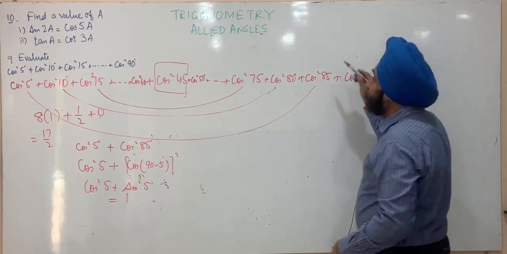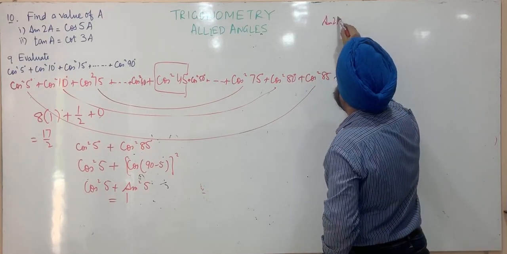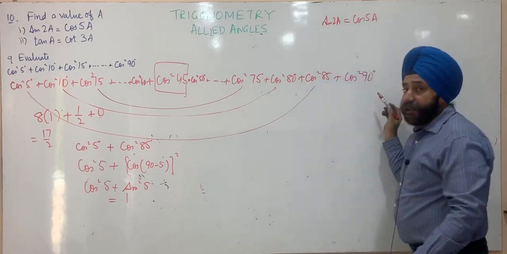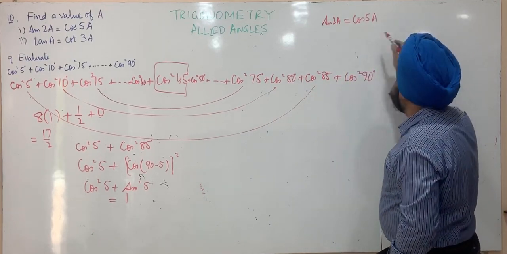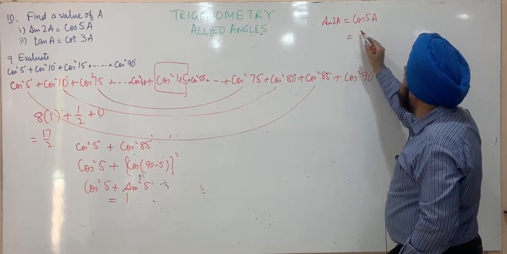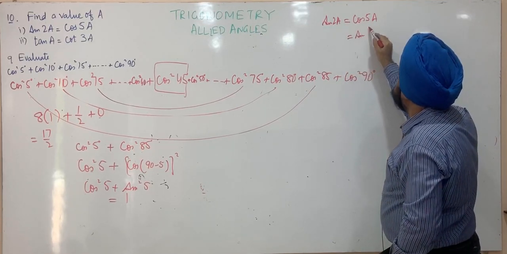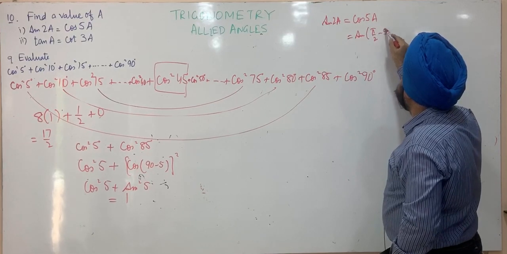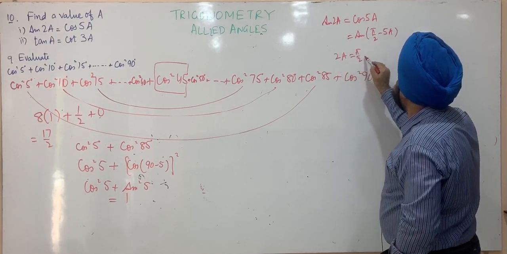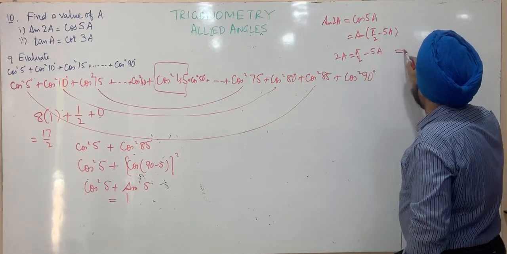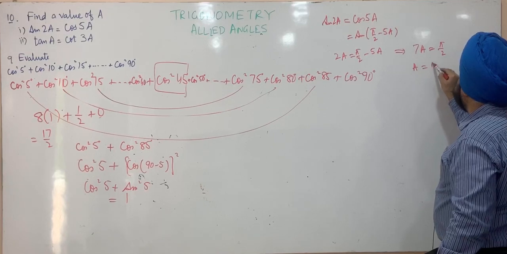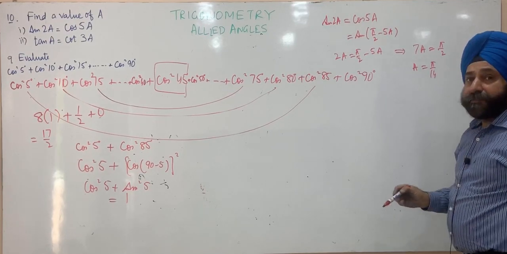The last one, first part is sine of 2a is cos of 5a. We have to find value of a. We change cos to sine so that we can equate the angles. This is sine pi by 2 minus 5a. Comparing angles, we get 7a is equal to pi by 2 or a is equal to pi by 14.